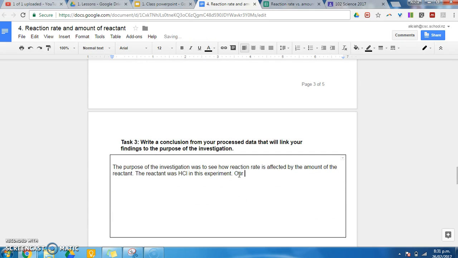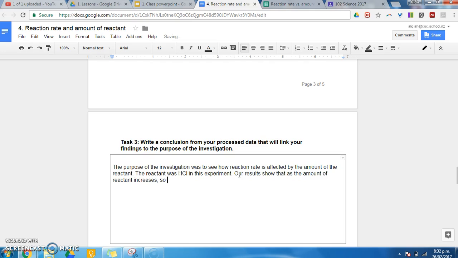So we can say our results show that as the amount of reactant increases, the reaction rate decreases.